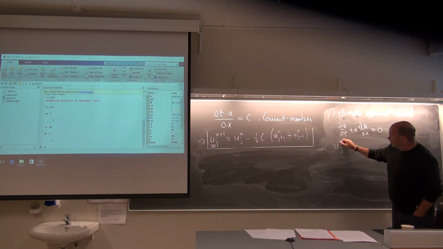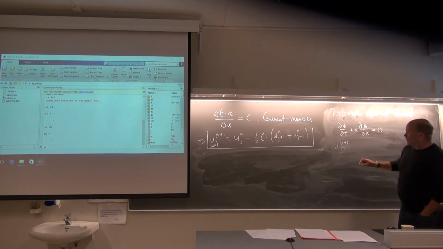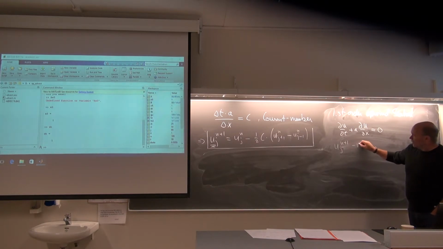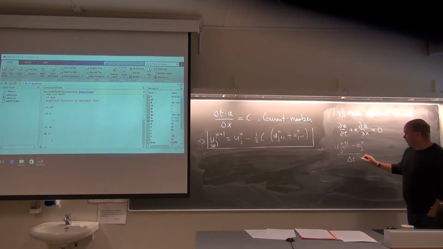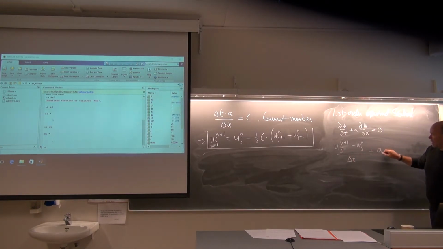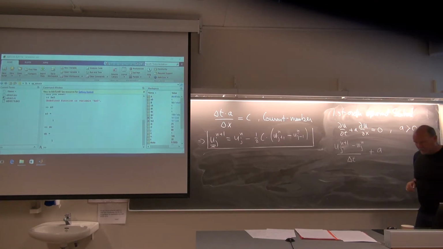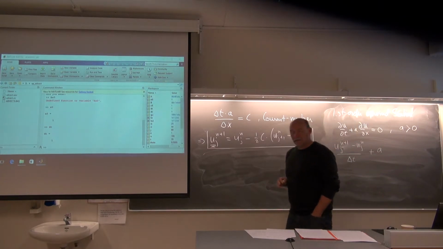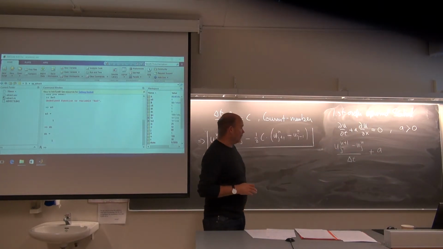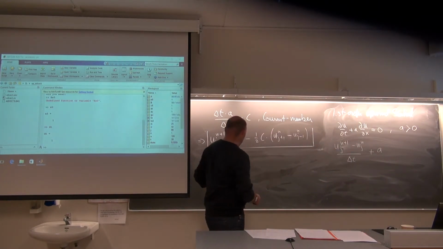So here we have the same term, uj n plus 1 minus uj n over delta t plus a. But now it's a question with this velocity a. Is it positive or negative? Here I choose this one to be positive, meaning the information will travel to the right.